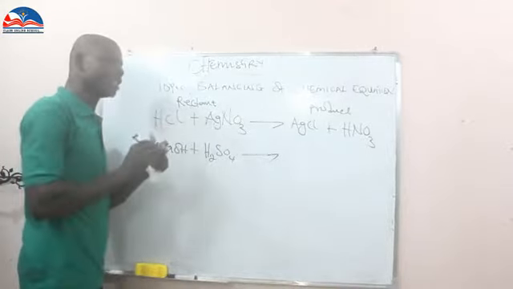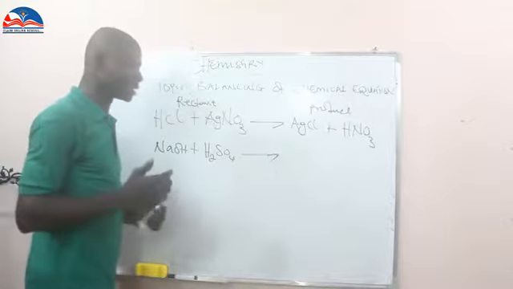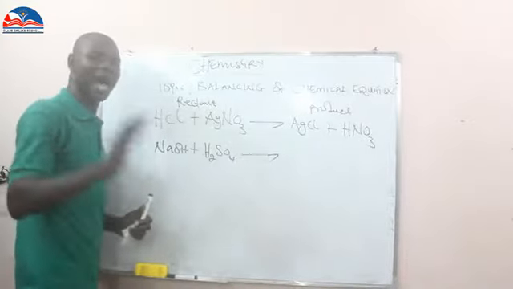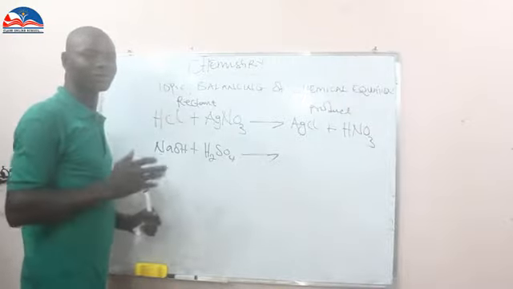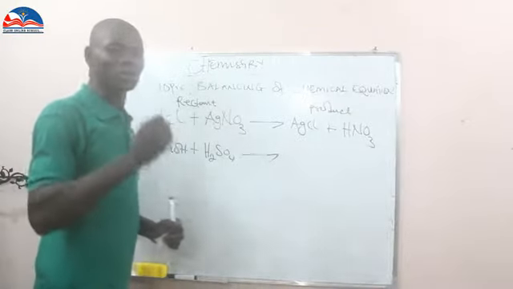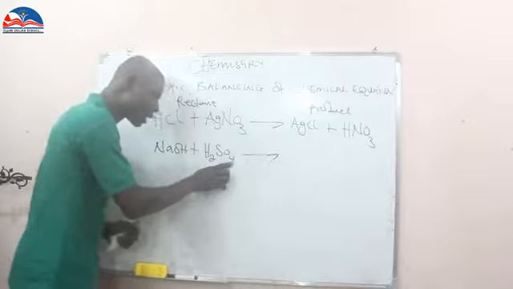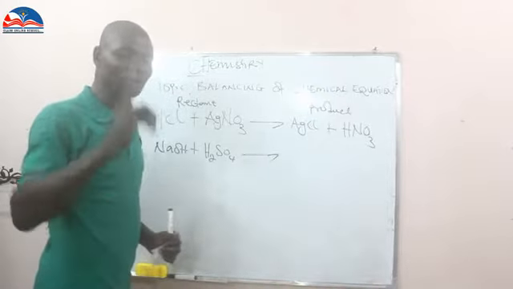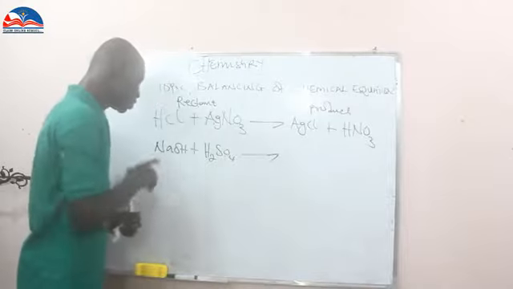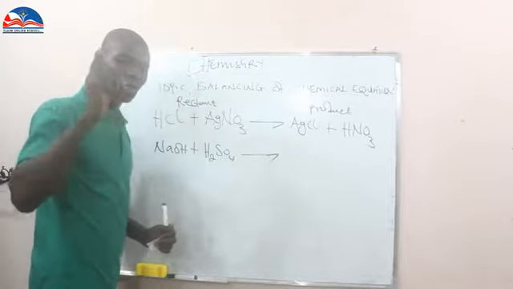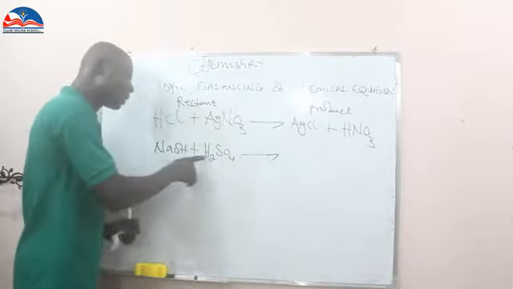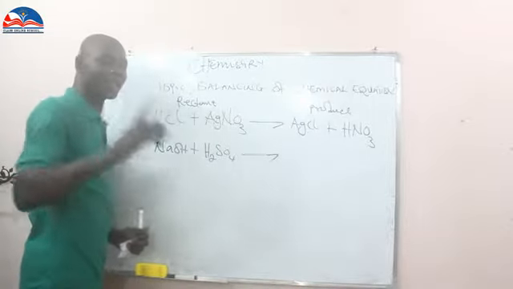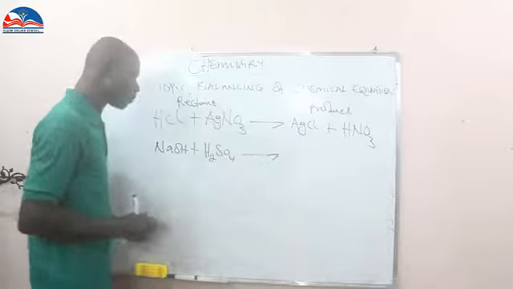In the combining power, valencies, all tetraoxosulfates have a valency of 2. Sodium has the valency of 1. Hydrogen has the valency of 1. Hydroxyl group has the valency of 1. Watch what is going to happen now.